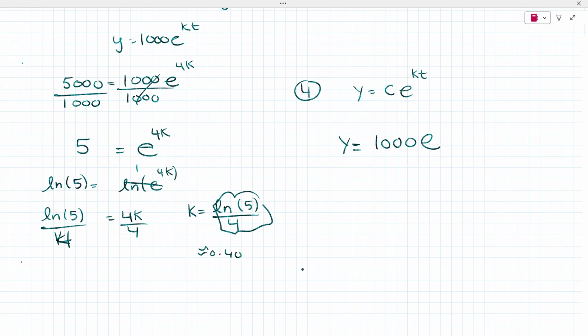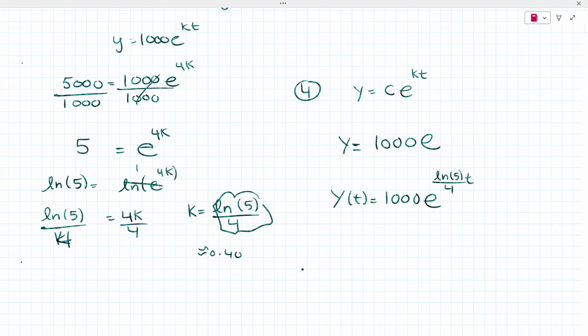But I want to be very specific, so I'm just going to use the exact value. So y of t equals 1,000 e, and then our k is ln of 5 over 4 times t. Okay, so that's not our final answer.